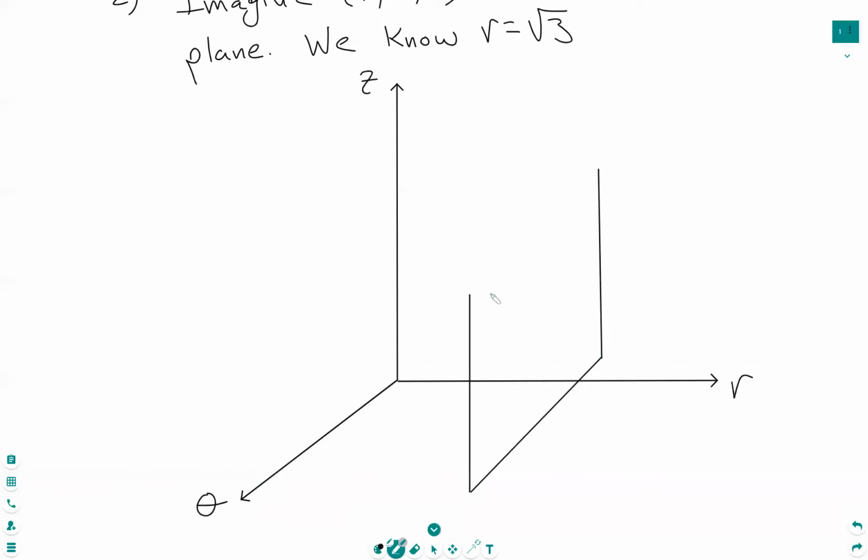However, the top of it goes like some plane, a straight line, z is equal to 4 minus y, which we could rewrite as 4 minus r sine theta.